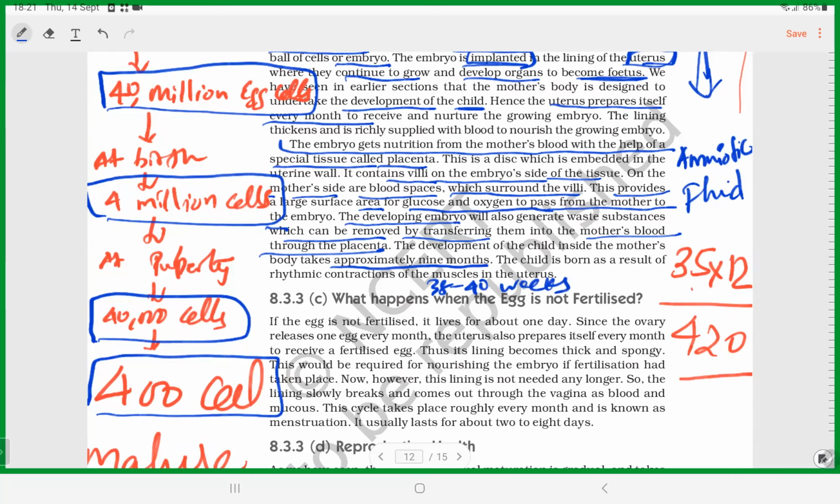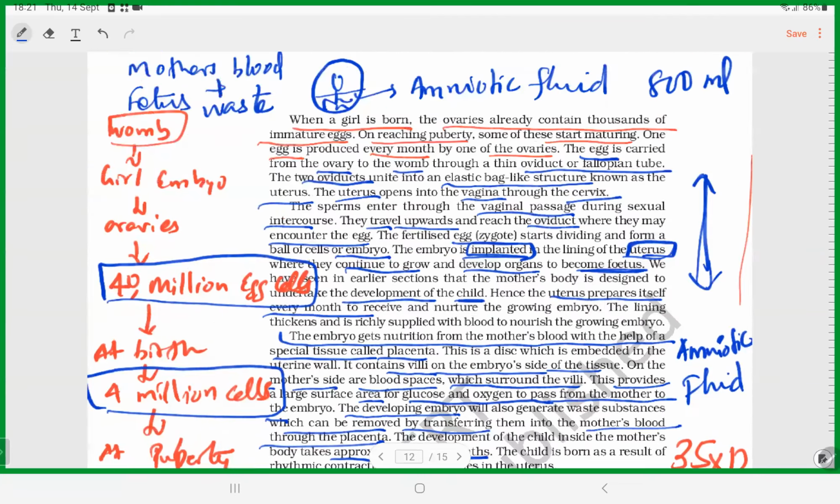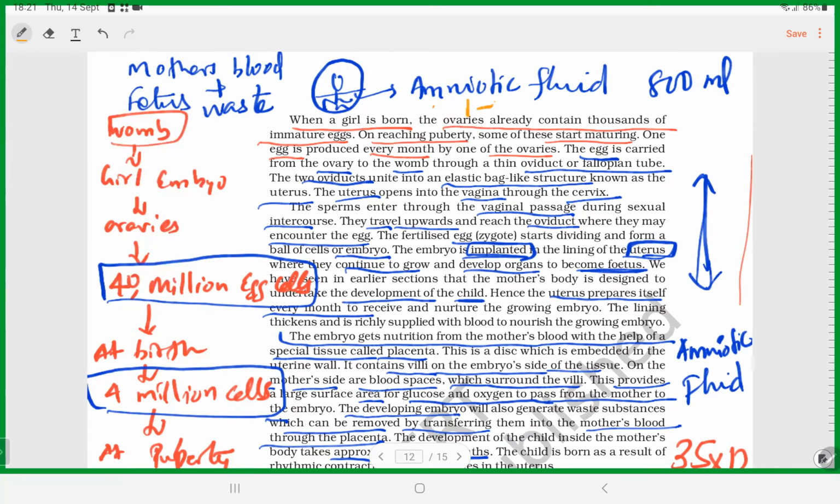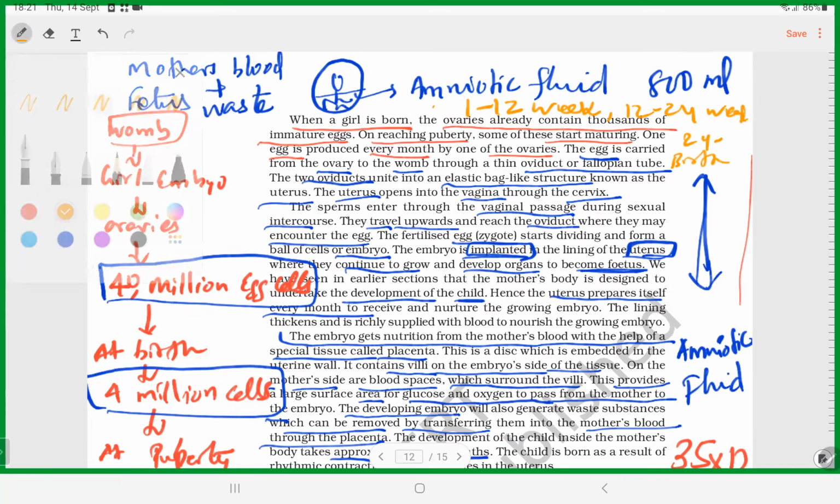It is divided into three trimesters: 1 to 12 weeks, 12 to 24 weeks, and 24 weeks to birth. They call these the three trimesters.